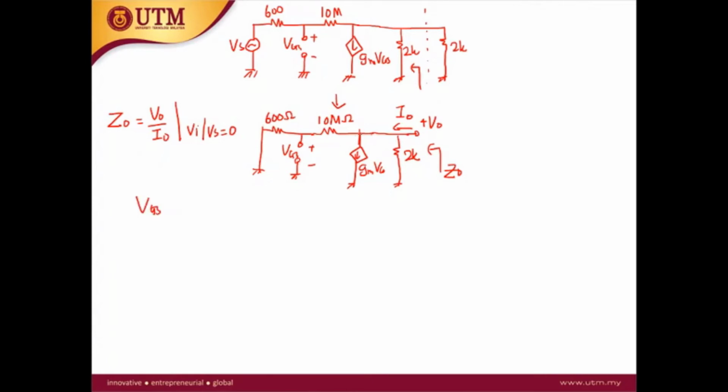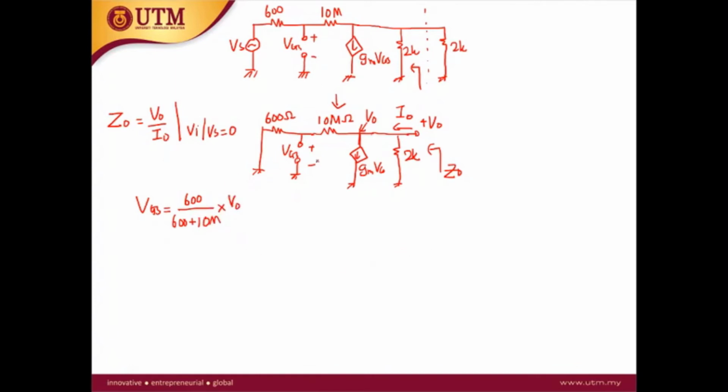And then we know that the voltage here is equal to V out because this is V out and this is V out. So the VGS is voltage division between the 600 and 10 mega ohm. So VGS is equal to 600 over 600 plus 10 mega times V out. Okay.